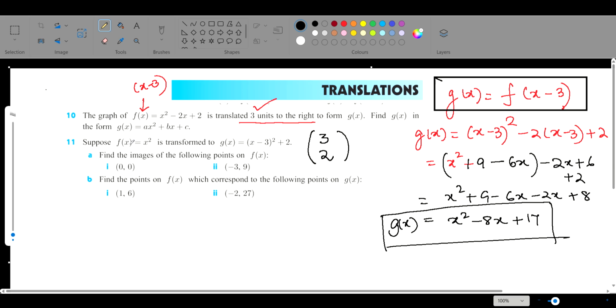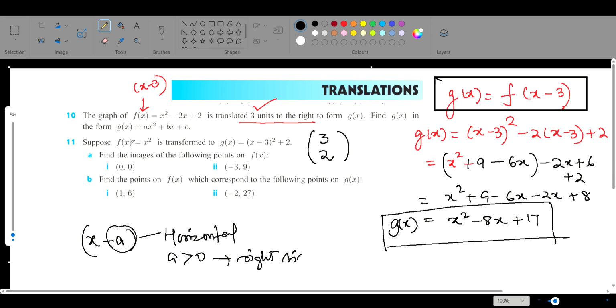So if you see that note, if you have written x minus a, x minus a is the horizontal, and the number by which it is translated is a. If it is x minus a, then it means a is greater than 0, so it is a right side translation.